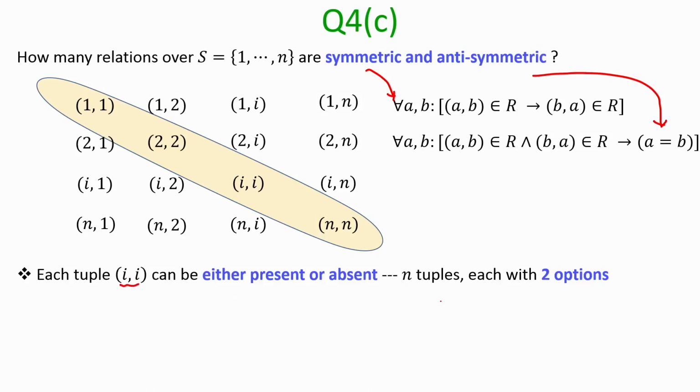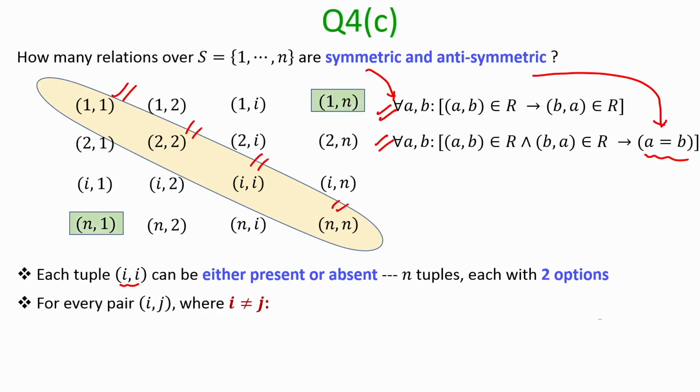That will satisfy both universal quantifications. That means, if I decide only to include (1, 1) in my relation, that is fine. That does not violate the requirement from a symmetric relation, or from an antisymmetric relation, because antisymmetric says that if a and b are the same, then fine, you can have both (a, b) and (b, a) present. And mind it, I am not forced to include all the ordered pairs along the diagonal. I can just select any subset of them.